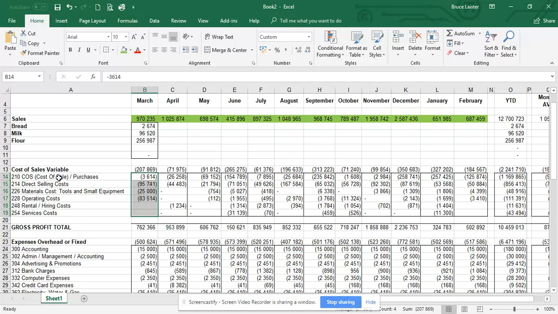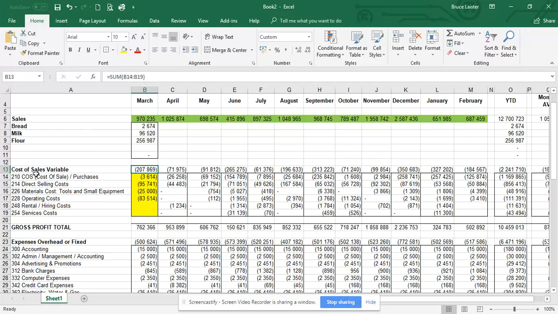So these guys make purchases, direct selling costs, materials, and in March, in fact a lot of the year, they buy tools and small equipment. These are all under the threshold for depreciation. And then operating costs. So all of these add up to this amount here.